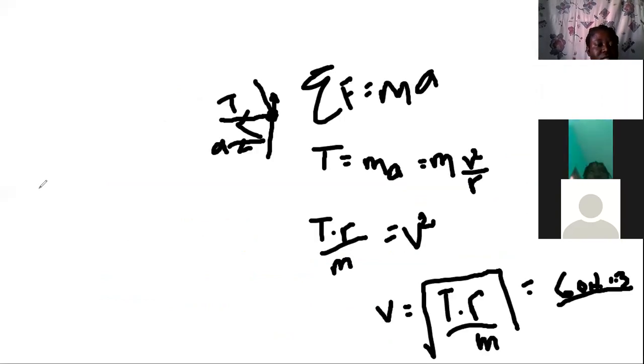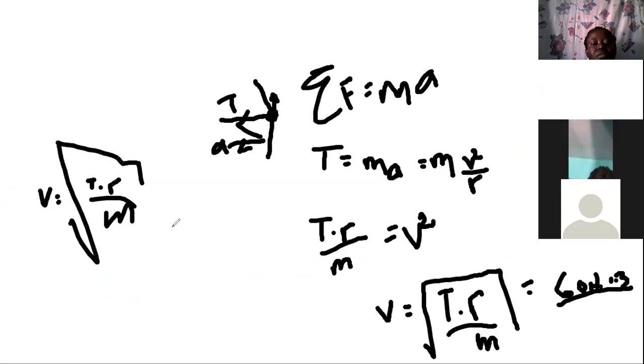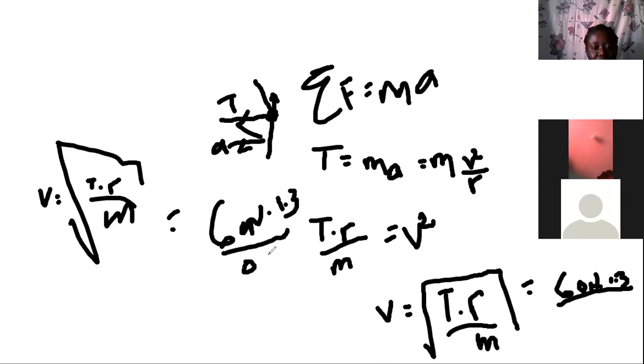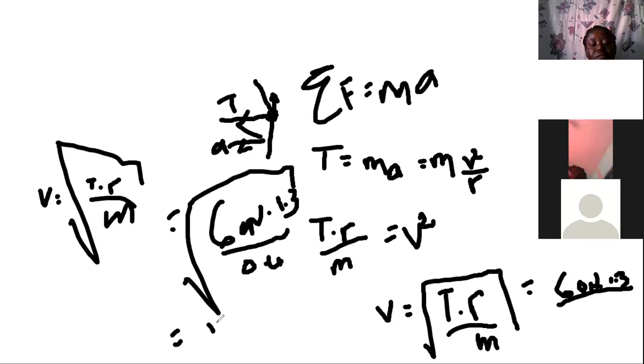We have the velocity equals the square root of the tension times the radius, divided by this mass. The tension given is 60 Newtons, multiplied by the radius of 1.3, and divided by the mass of 0.4. Then we take the square root, which gives us a speed of 14 point something meters per second.